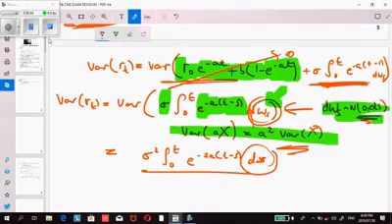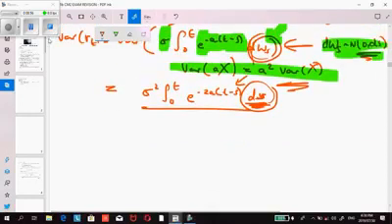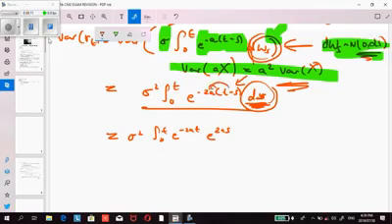I'm going to evaluate this integral with respect to s. Now, I hope your integration skills are sharp. The first thing I'm going to do is to separate that exponent. So I'm going to have sigma squared integral from 0 to t of e to the power minus 2at, e to the power 2as, if you distribute here. Now, I'm integrating with respect to s, which means other things are just constants.